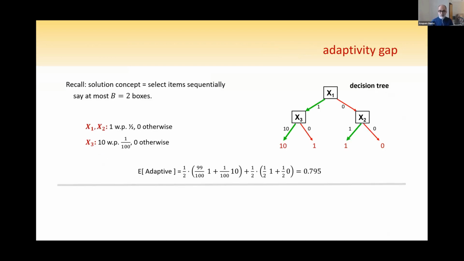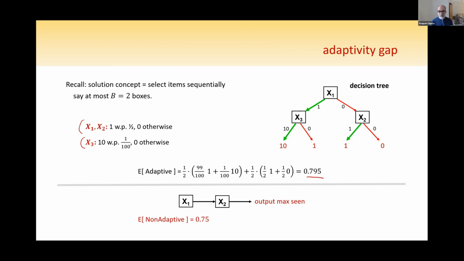Good. So let's just do a little example. This is the same example from before, where we had two unbiased coins and one high reward, high risk coin, and we got 0.79 as our reward. On the other hand, if you run over all possible choices of two boxes to open, you'll see that the best thing to do is open X1, then open X2, and you're going to get 75% as a maximum.